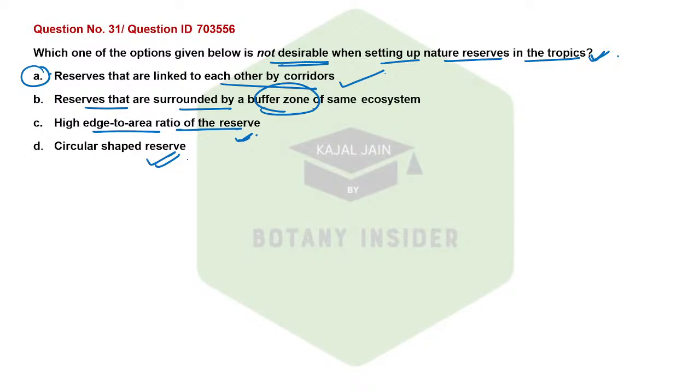Mark the answer for the question, everyone. Easy question. This is from ecology. You can consider this question from ecology or from diversity of life forms. This topic is common to both the units. Mark the answer quickly, everyone.